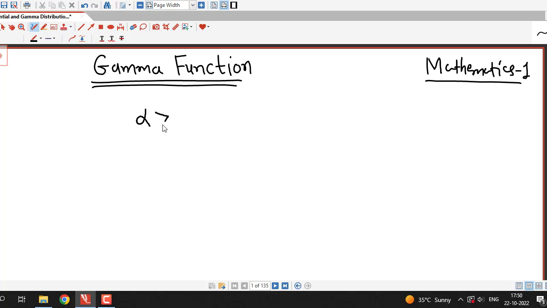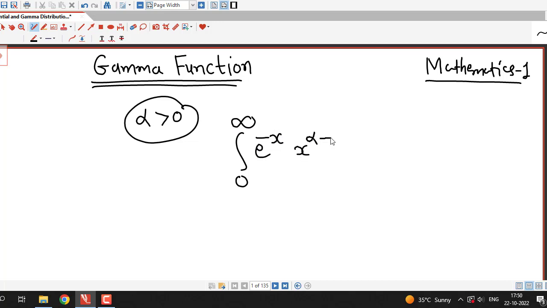Suppose alpha is any positive real number. Then the improper integral of the first type, with limits 0 to infinity, of e raised to minus x times x raised to alpha minus 1, integrated with respect to x. This improper integral is a function of alpha because we are integrating with respect to x, and it is known as the gamma function of alpha.